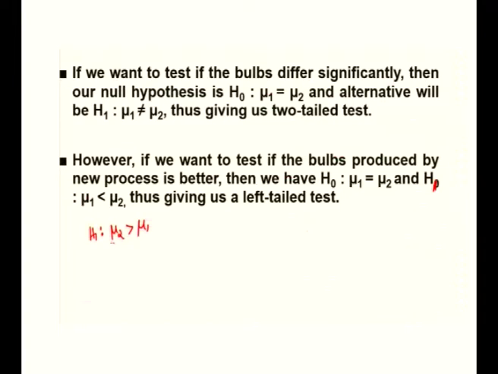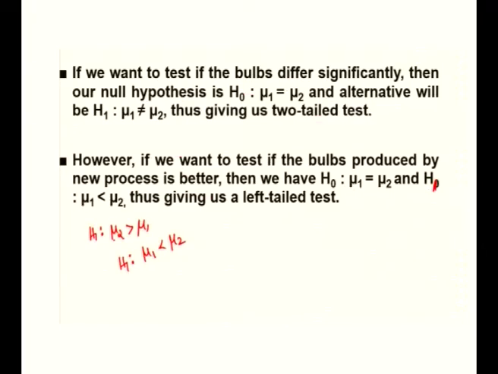So, H1 is such that mu2 is greater than mu1, or you can write it in this format of mu1 and mu2, mu1 is less than mu2. This particular H1 such that mu1 is less than mu2 mentions this is going to be a left-tailed test. Okay. We cannot decide H1 on mu2 greater than mu1 as a right tail. That is wrong.